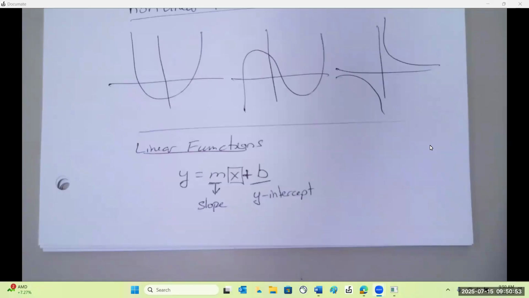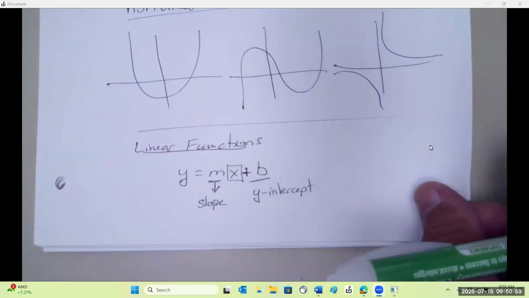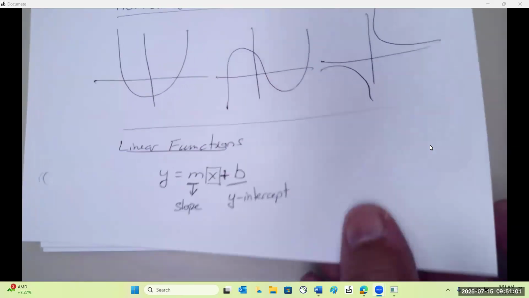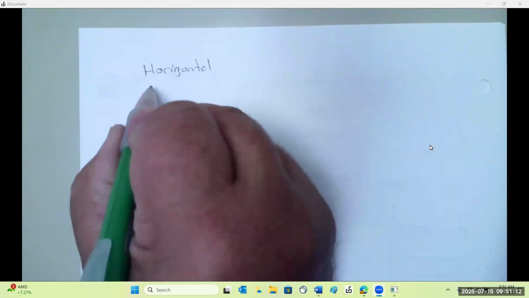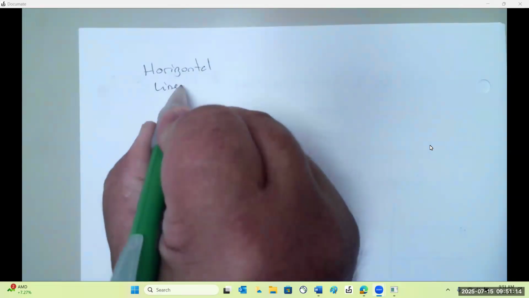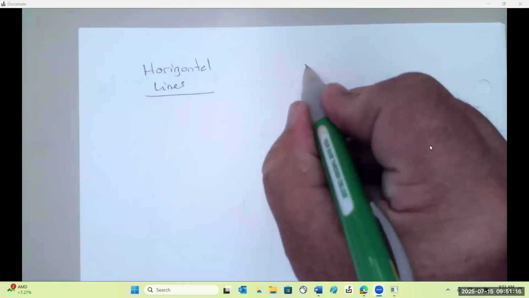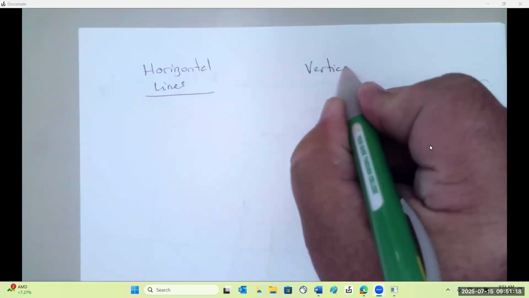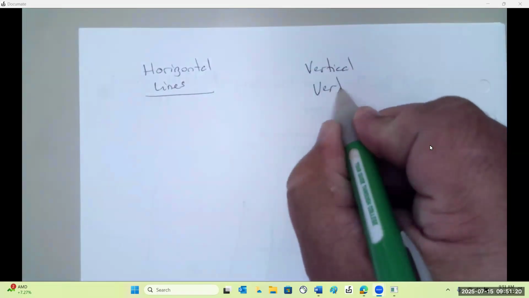All right, so let's look at a couple of examples first of equations that we've talked about already. Horizontal lines and vertical lines.